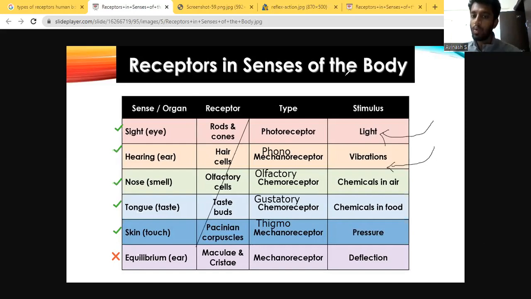Number 3 is nose or smell. That is chemicals in the air. It need not be chemicals in the air. It also can be the smell that is present in the air. For example, some of us have dust allergy.